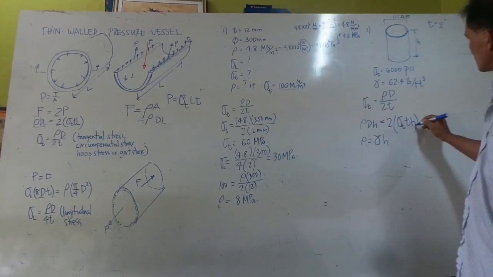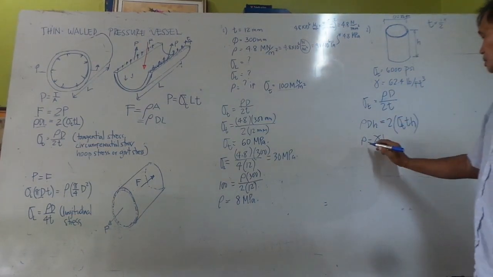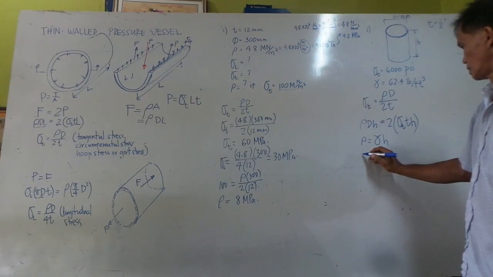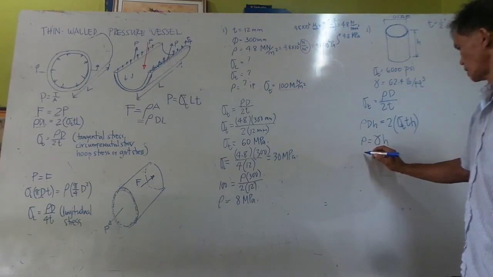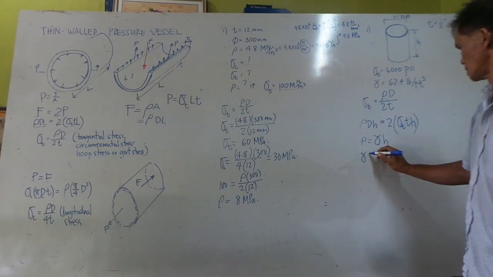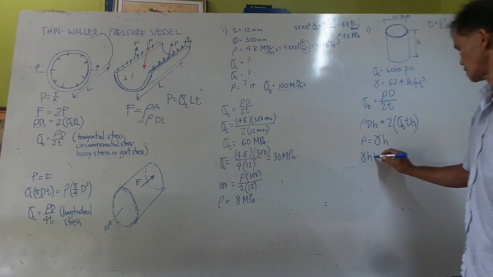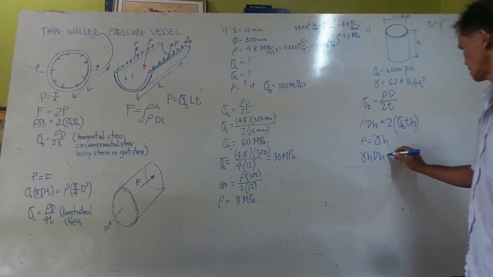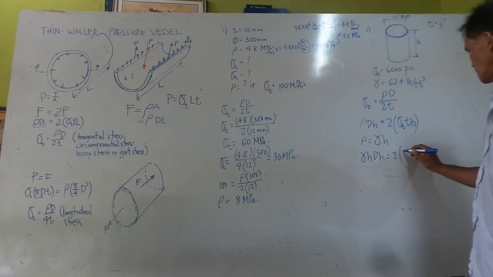Therefore, substituting the values, you will have density times height times the diameter times height equals 2 times stress times thickness times height.